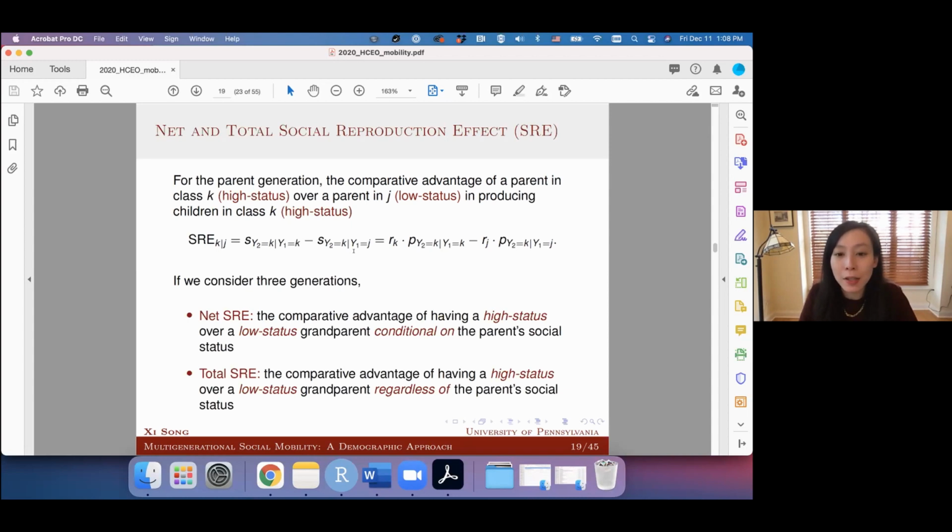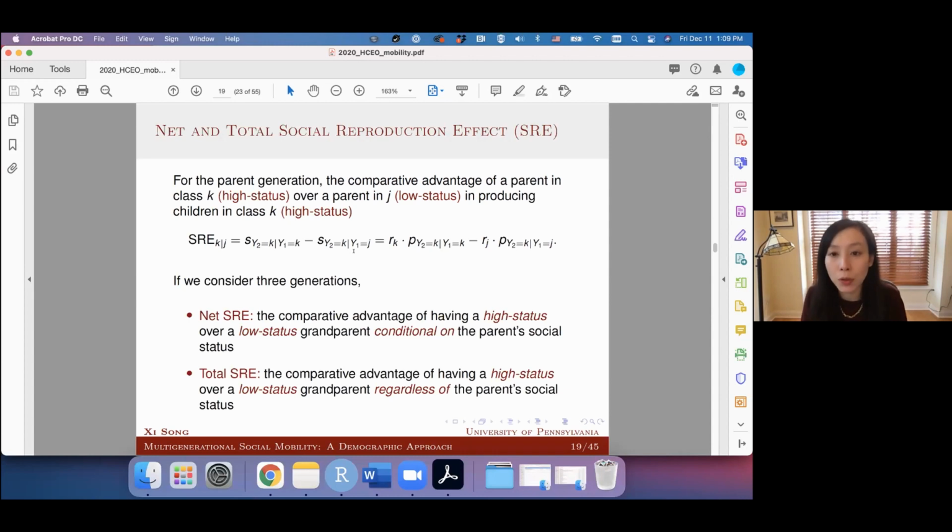The net effect means that if a grandparent is in a high social status rather than in a low social status, what will be the number of grandchildren in high social status if we condition on the parent's social status?